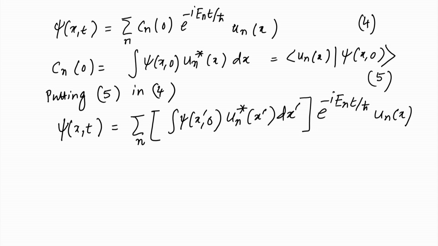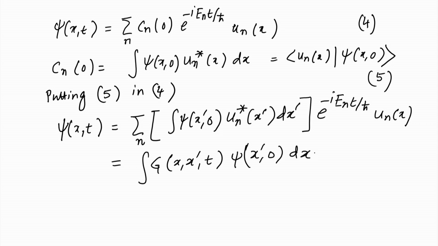So, if I have the psi of x t which is written as this, I can write this as g of x, x prime, t and psi of x prime 0 and d x prime.